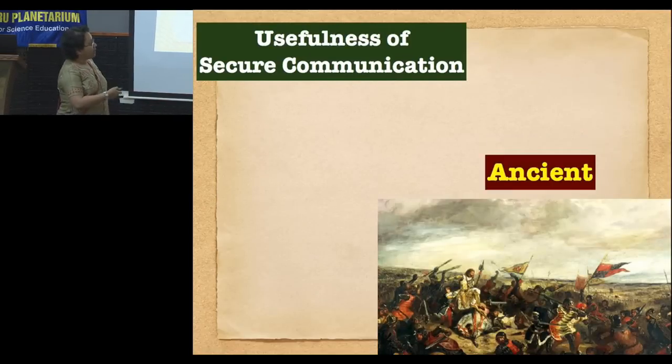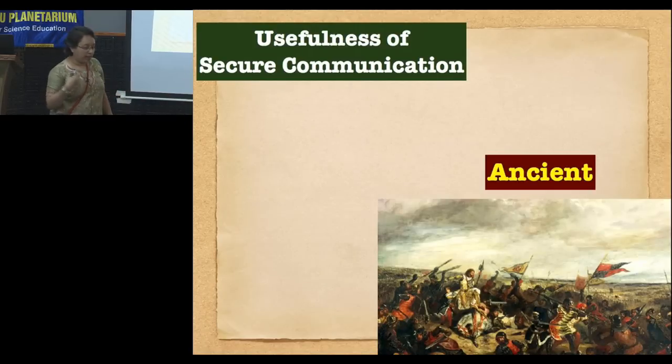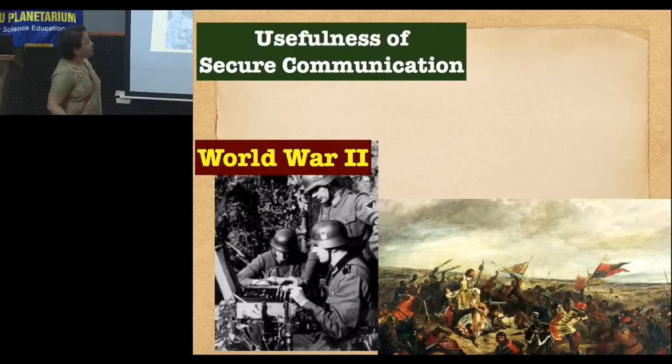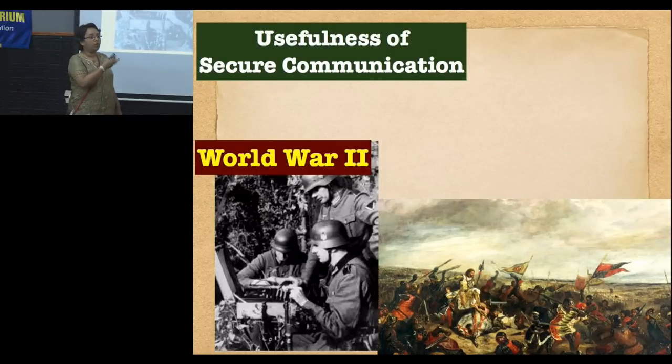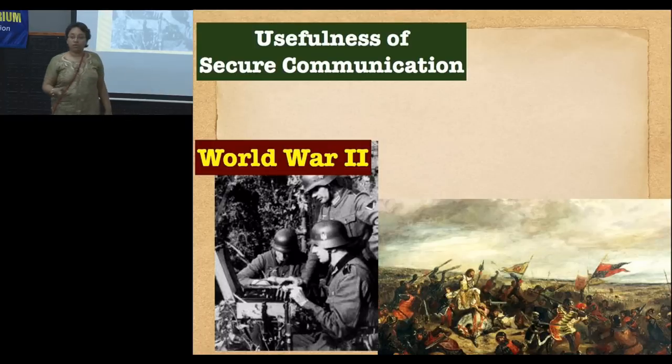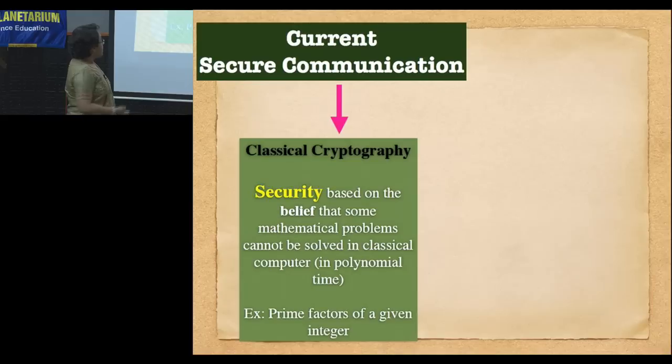Cryptography has been used for a long time, even in ancient times when kings were fighting. And probably the most well-known case is World War II, where cryptography was used, and there are a lot of stories we know.